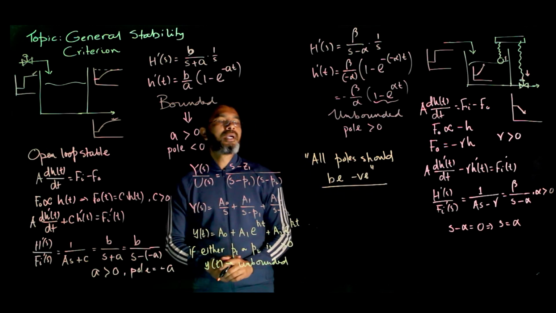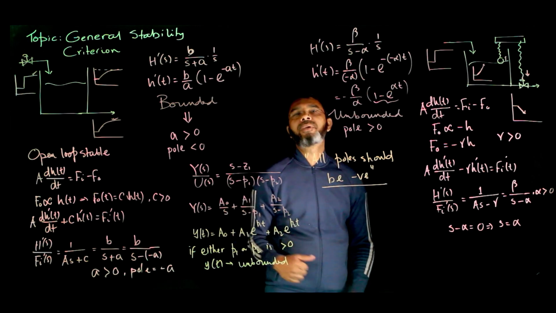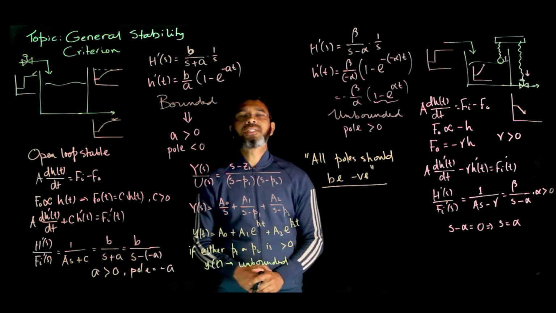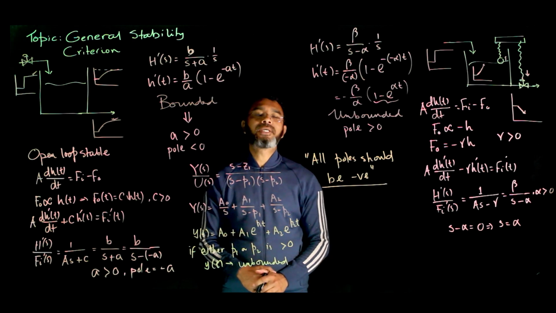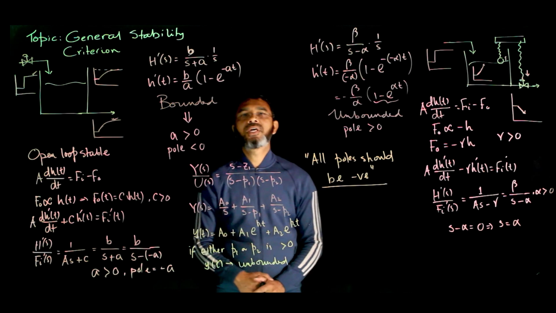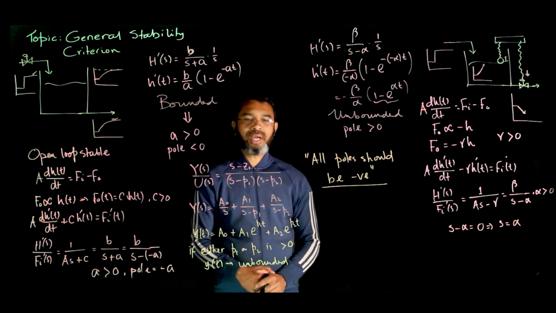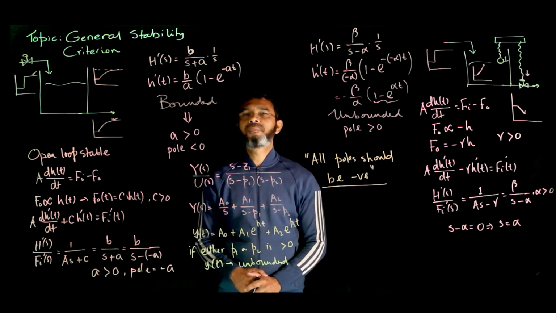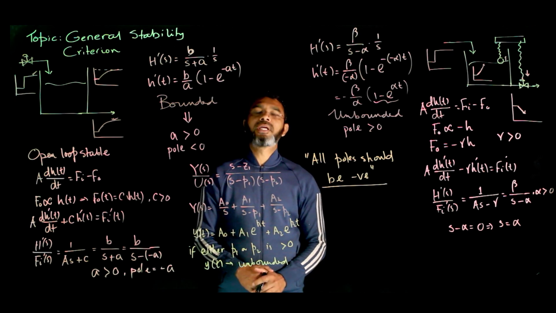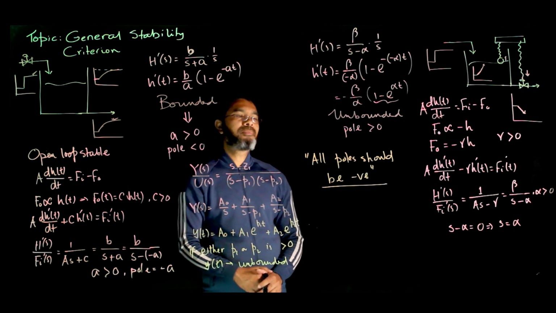Okay. Now this is also not a full statement, because the poles also can be imaginary. Poles also can have an imaginary part. And we know that for imaginary cases, they always come in complex conjugate pairs. So one will have a positive imaginary part, another will have a negative imaginary part.